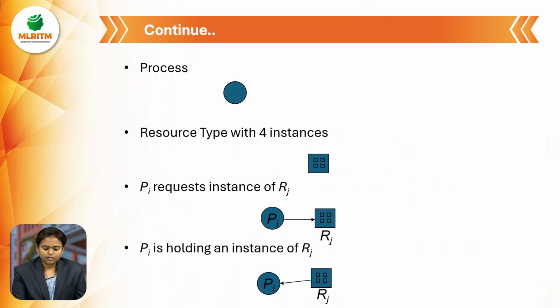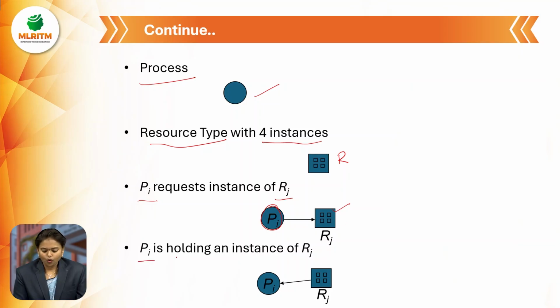Just now I explained the process is represented as a circle and the resource type with 4 instances. Here Pi requests an instance of Rj, meaning the process is requesting an instance of resource type Rj.